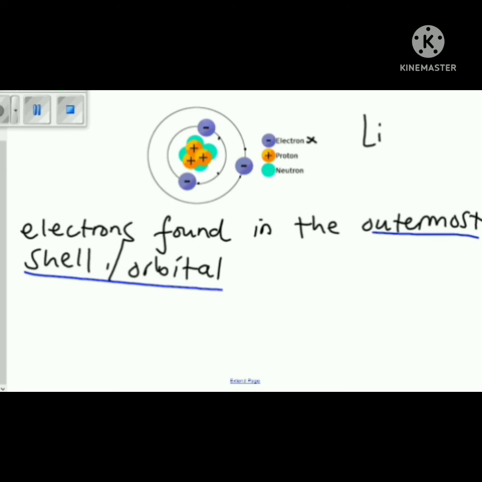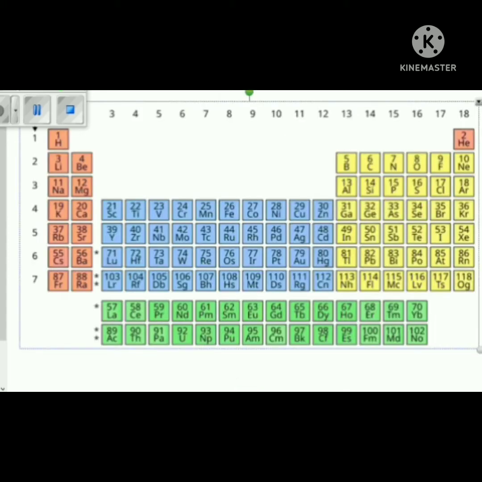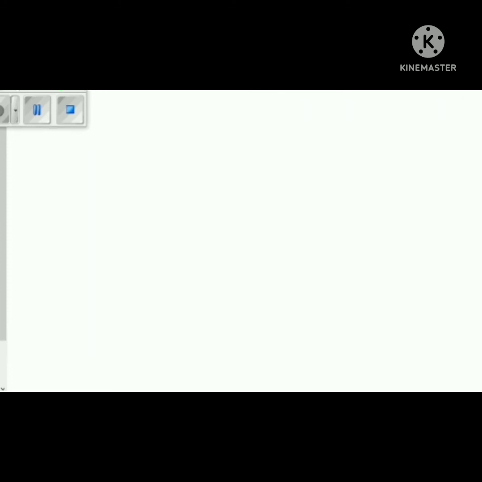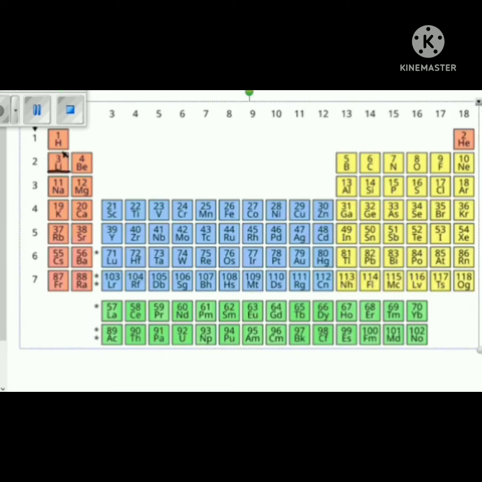If they were to ask you what the valence electrons of a lithium atom are, why did we say that this is lithium? It is because we can go back to the periodic table. The periodic table states that lithium has an atomic number of 3, so the number of electrons in a lithium atom is equal to 3.